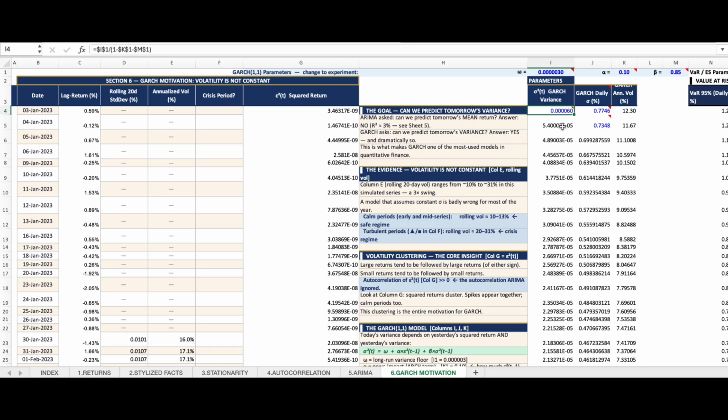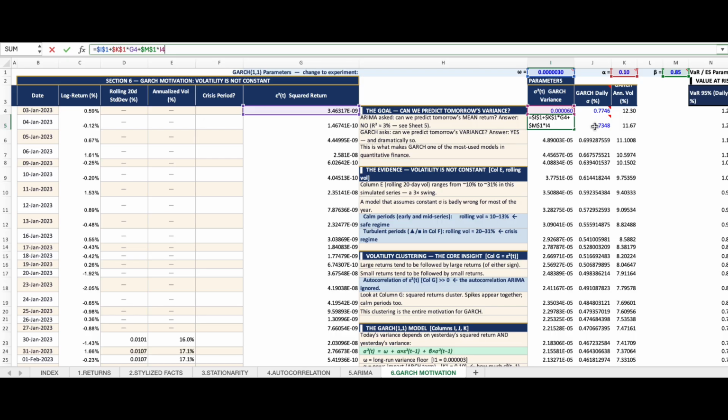Then every subsequent row uses the recursion. So cell I5 equals omega plus alpha times squared return in the previous row plus beta times the previous GARCH variance in column I.